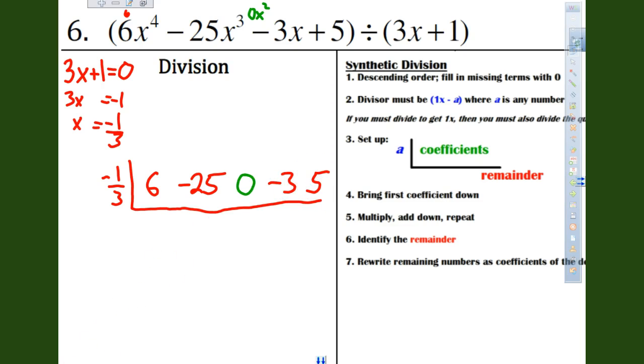See how it goes? Okay, so bring down the 6. We're going to do 1/3 times 6, or 6 divided by 3 with a negative. So we got negative 2 gives us negative 27. Negative 27 divided by 3 is 9 with a negative. So we get 9. 9 divided by negative 3 would be negative 3.